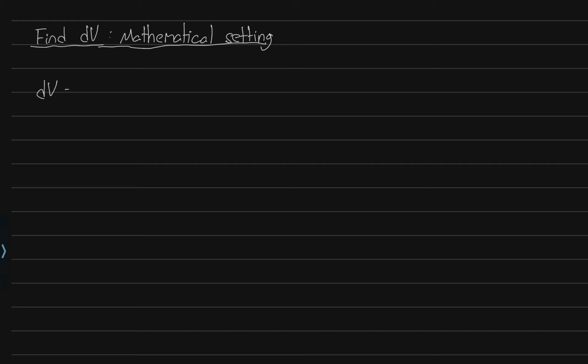We'll have dV is equal to the partial derivative of V with respect to S times dS plus our partial derivative of V with respect to t times dt. And keep in mind, this is because our V is a function of S and t, resembling f of x, y. So essentially, instead of df/dx and df/dy, I'm using dV/dS and dV/dt. And obviously, this is going to be our term 1.